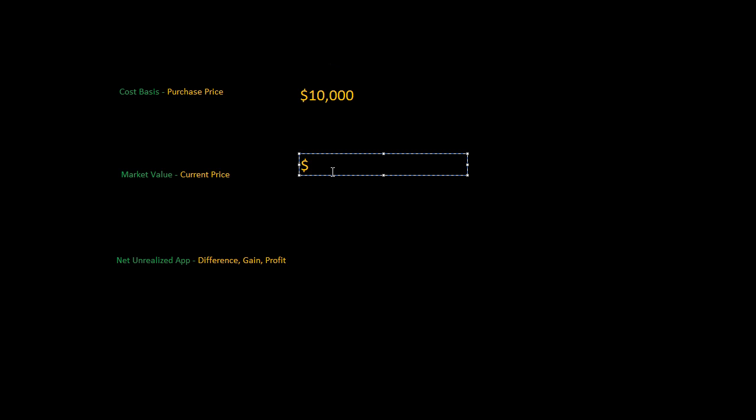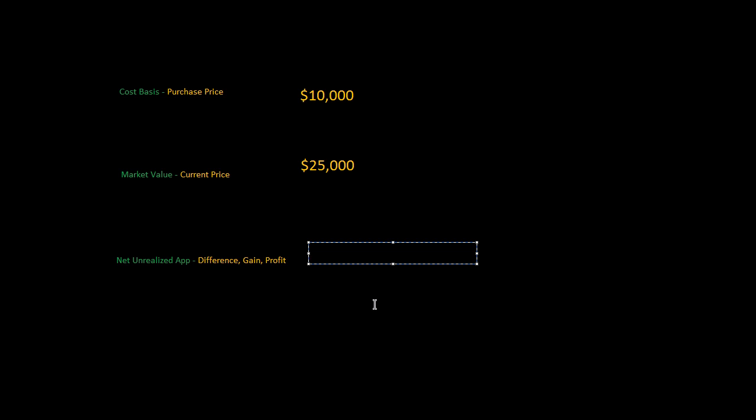So the difference, the gain or the profit, simply subtract, and you get $15,000.